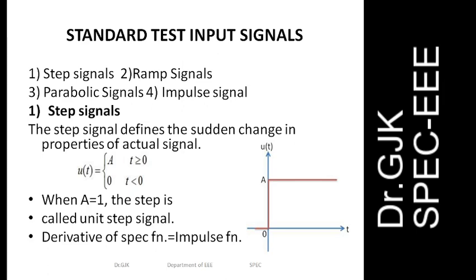So the change in value is 0 to a and the change in time is 0. So d by dt of this function is a divided by 0, and something by 0 is equal to infinity. So at t is equal to 0, its value is infinity, and after t is greater than 0, its value is 0. So the derivative of this standard step signal is an impulse function.